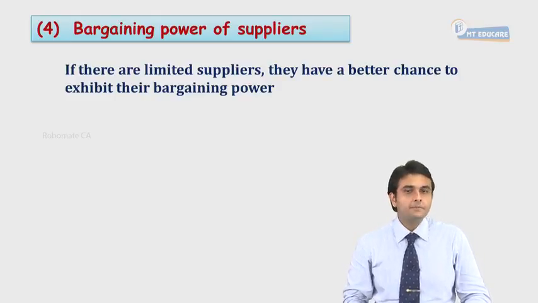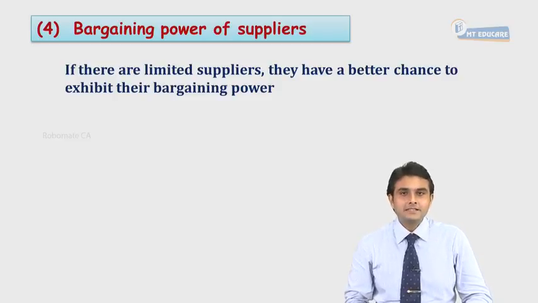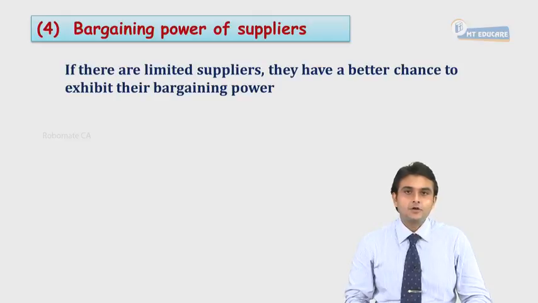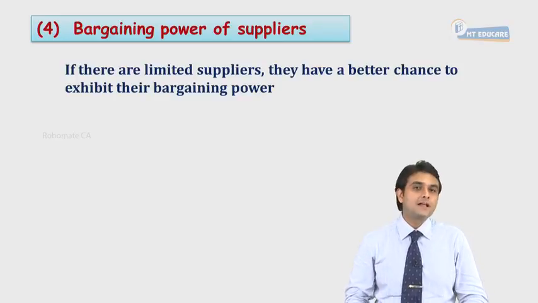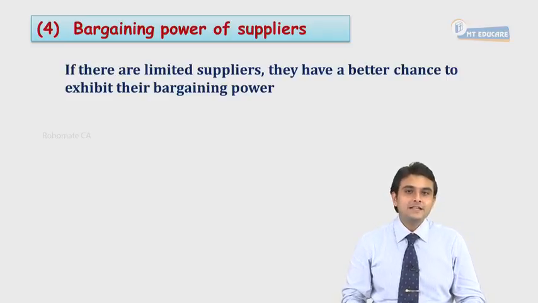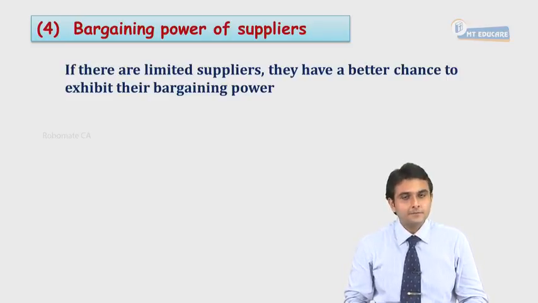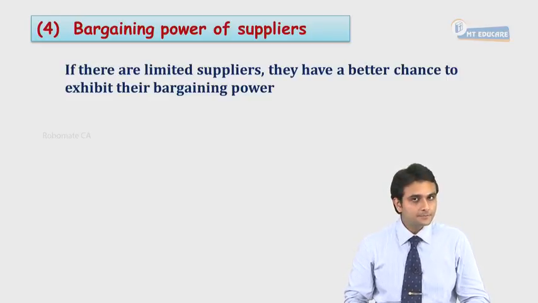For example, if I have a fast food joint, and I depend on my suppliers for supplying a particular raw material, this will definitely have an influence on my business. If the supplier increases the price of the raw material, that will have an impact on me, which means that if I sell at the same price which I was selling earlier, my profit margin reduces because my cost has increased.